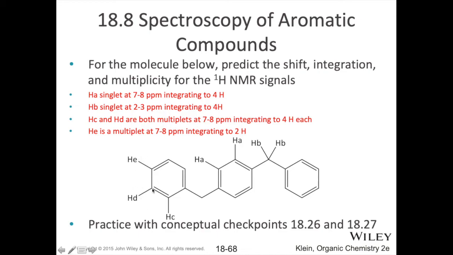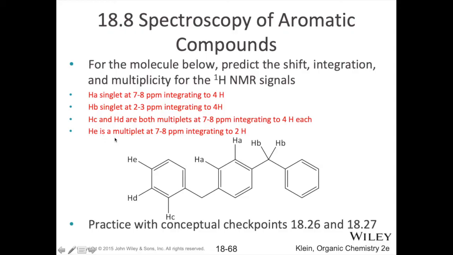Hydrogen D gets a little bit complicated because it gets split by hydrogen C and hydrogen E. So I guess hydrogen D would be split into a doublet by hydrogen E, and split into a doublet by hydrogen C. So I guess you'd see a doublet of doublets, unless you know the J values. Because this is all in that aromatic region, there's a possibility it might be hard to read. So it looks like they've just listed them here as multiplets because there might be a lot of overlap here.